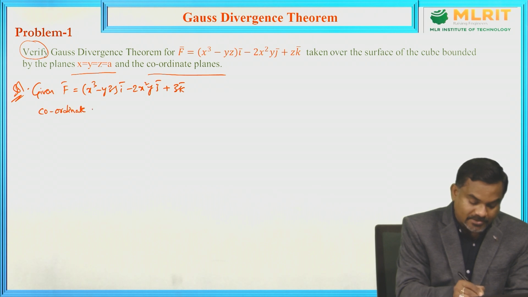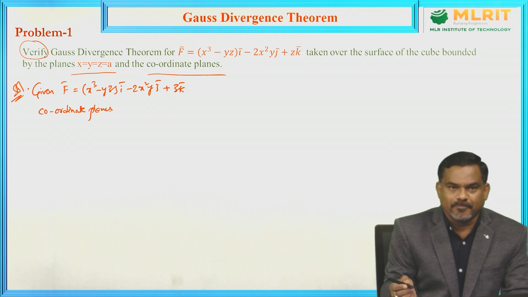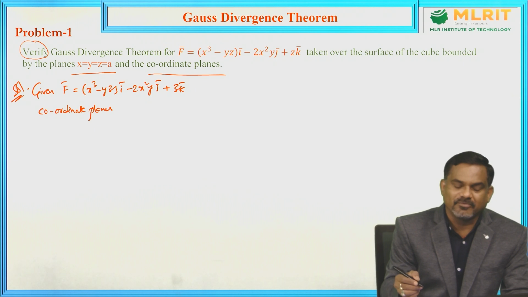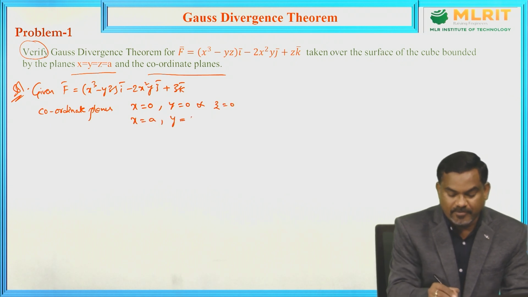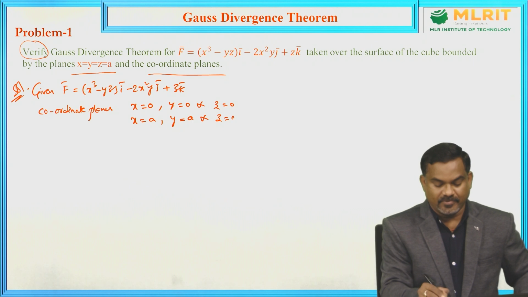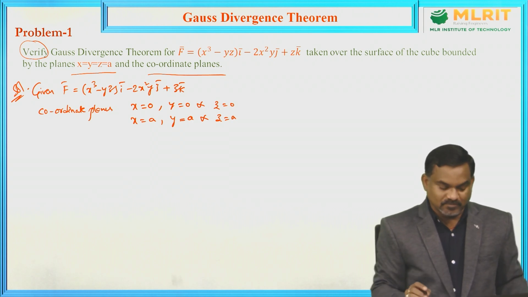Coordinate planes means xy plane, yz plane and xz plane. On xy plane z is 0, on yz plane x is 0 and on zx plane y is 0. So x equal to 0, y equal to 0 and z equal to 0. And the planes x equal to a, y equal to a and z equal to a. So the surface is bounded by these planes.